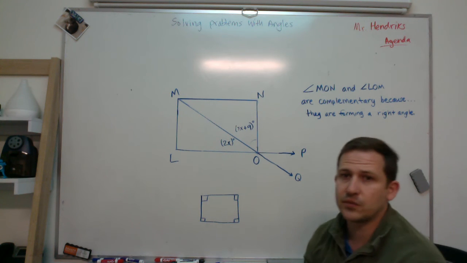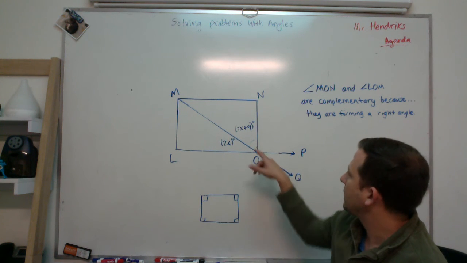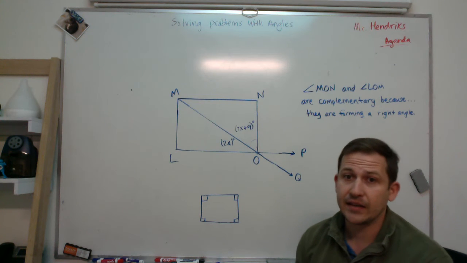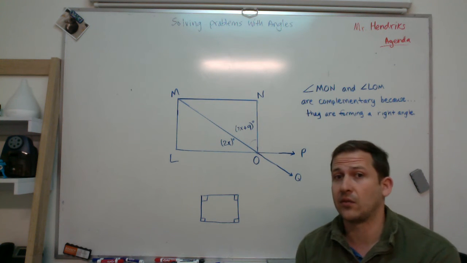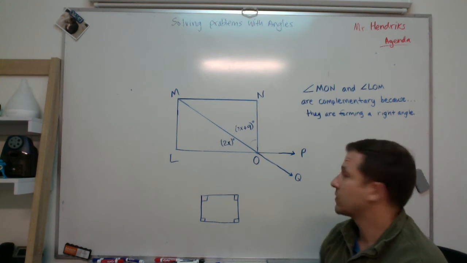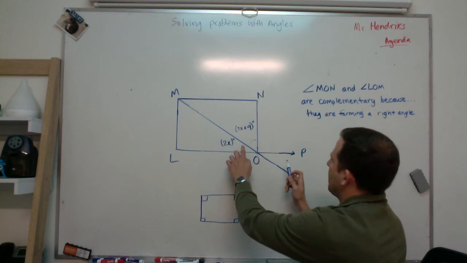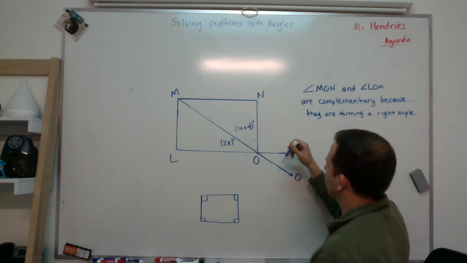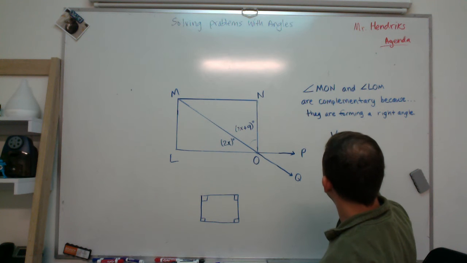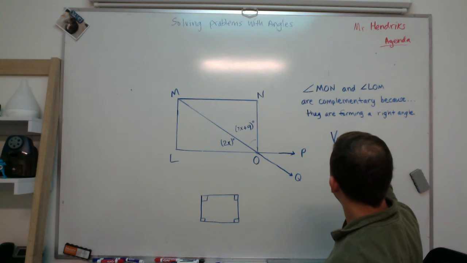So that's useful information, especially if we want to figure out what x is. And indeed, in the problem, you will need to figure out what x is. You also might want to keep in mind that angles that form x's are vertical angles.